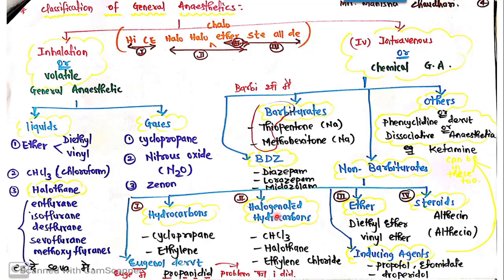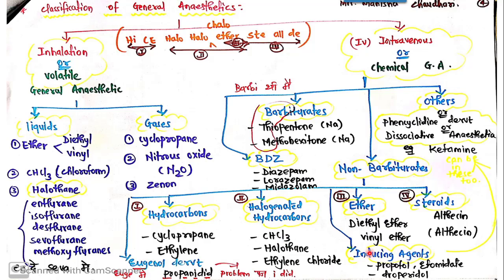Then hydrocarbons: just now I gave you the examples cyclopropane and ethylene. Then halogenated hydrocarbon, which is halogen along with carbon and hydrogen. The compounds are chloroform, halothane and ethylene chloride.